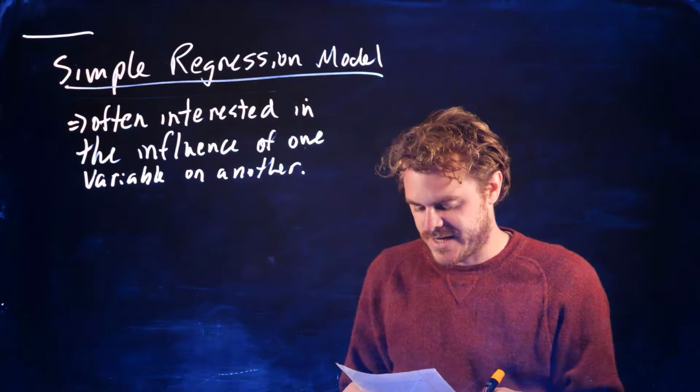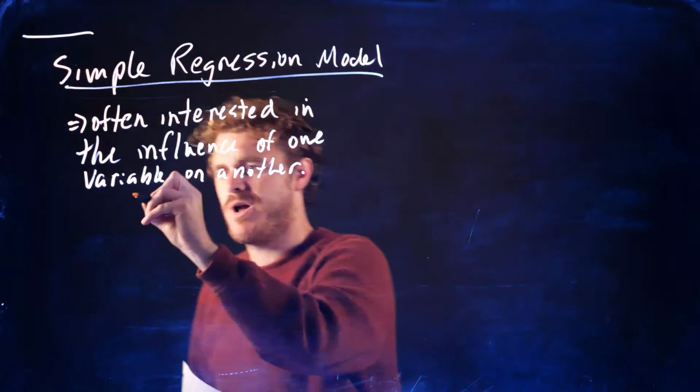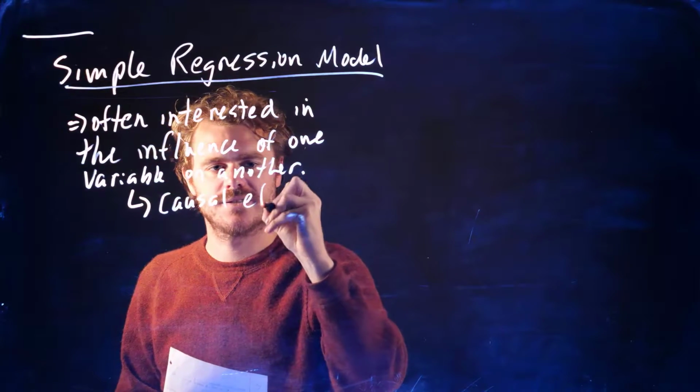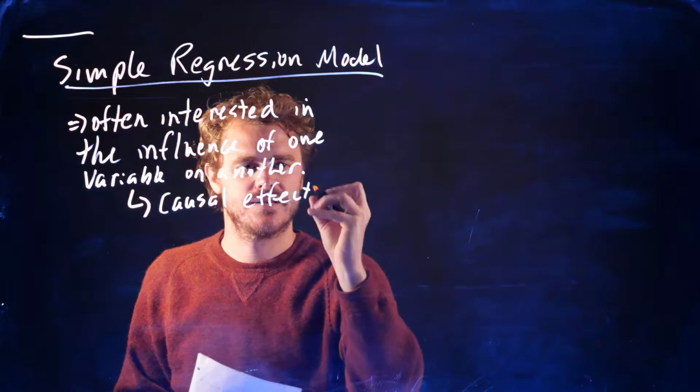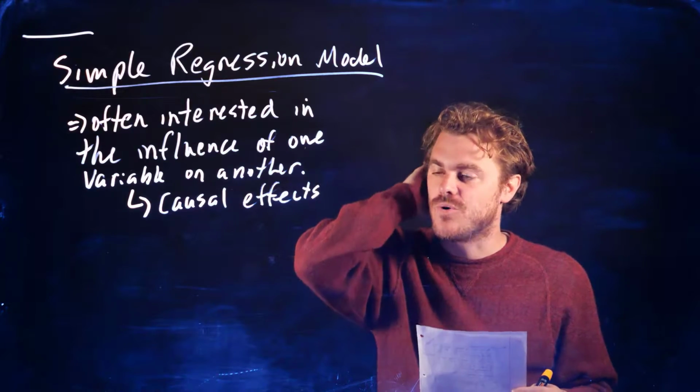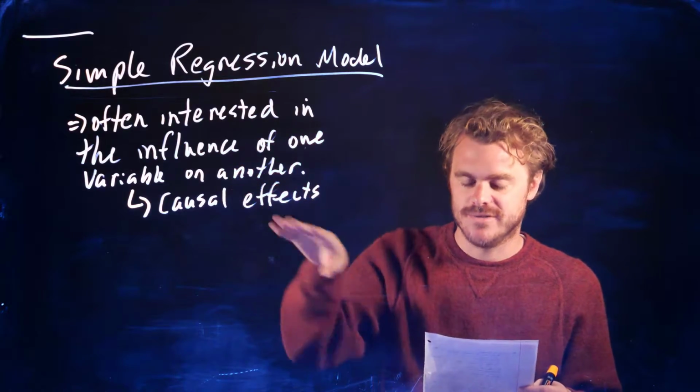We might be interested in particular in the causal effects, like we discussed in that first introduction module, this idea of causation versus correlation. We're usually interested in these causal effects.